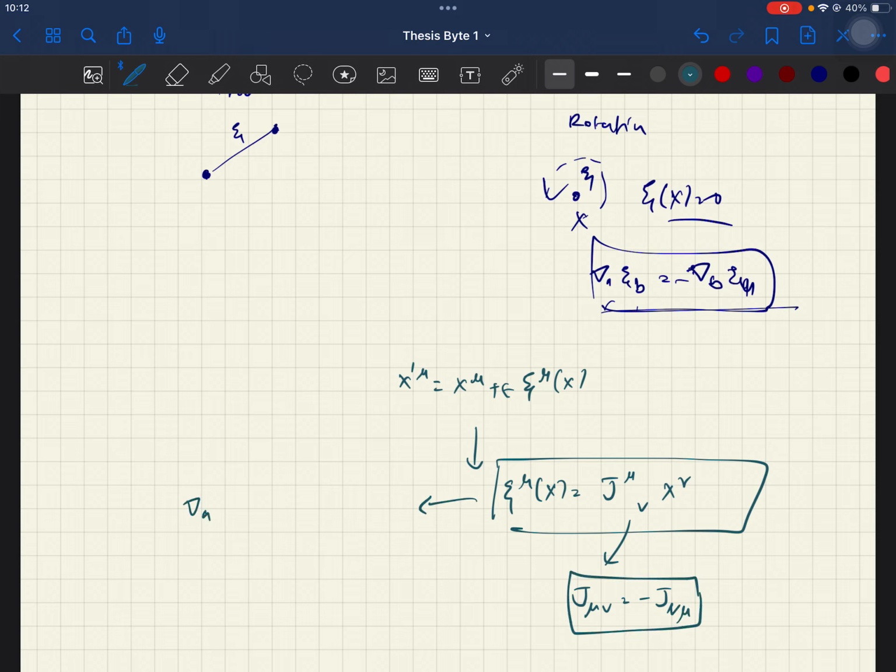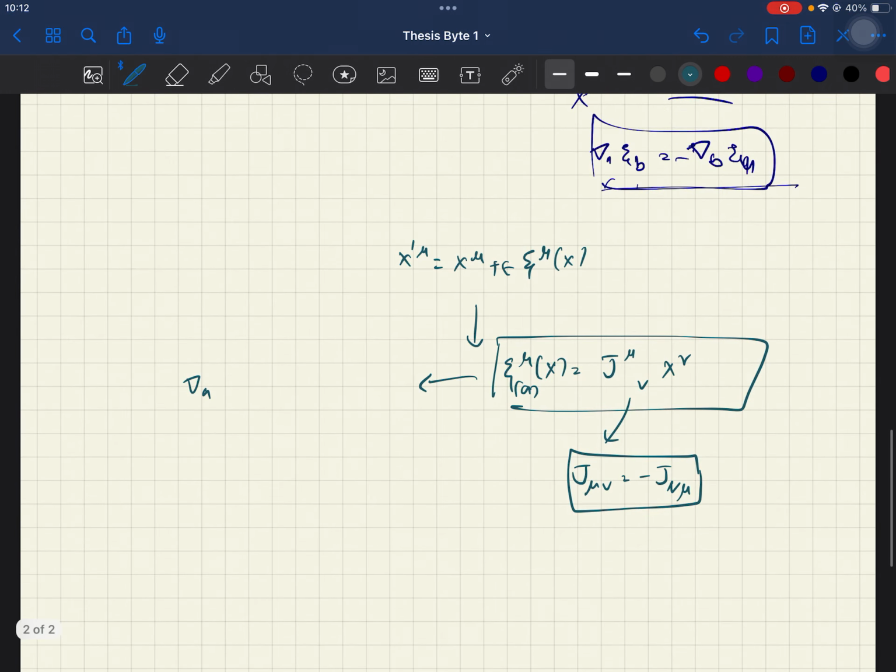And we have that this satisfies the killing equation, let's say the many set of KVFs labeled by A.